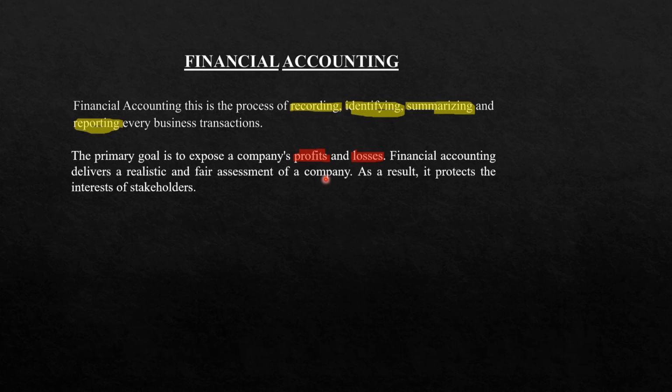So in the case you find that you have generated more money than you spent, meaning you are making profit. If you earn more money than you spent on those particular items, meaning you are making profit.